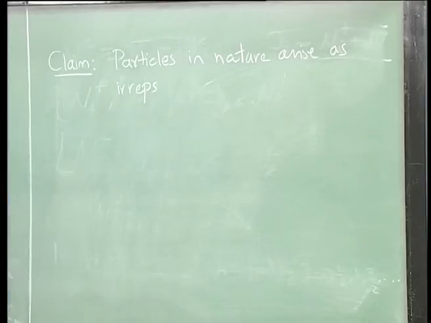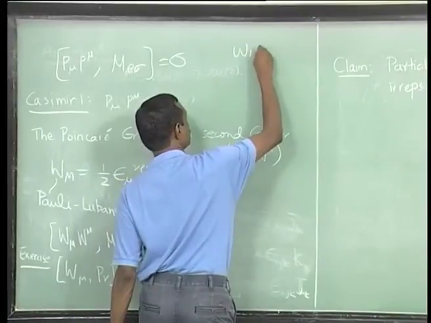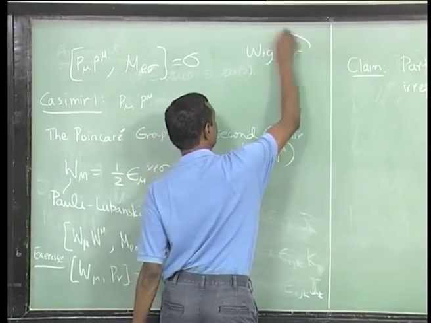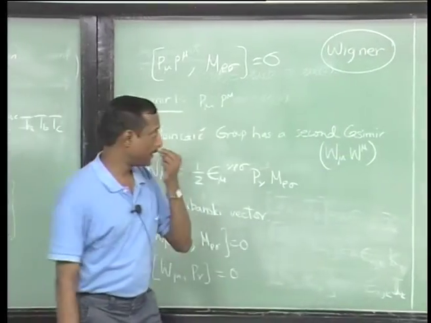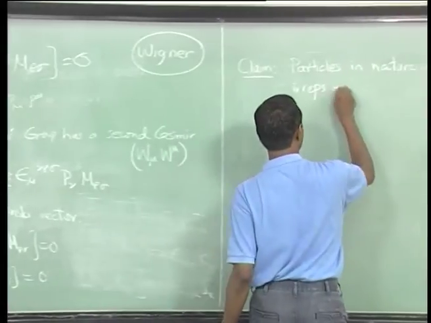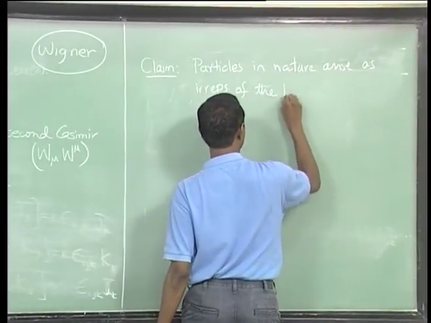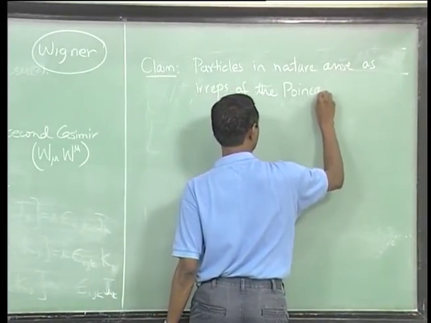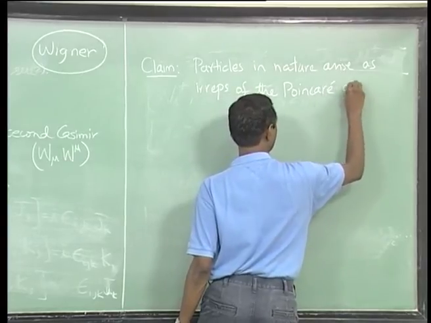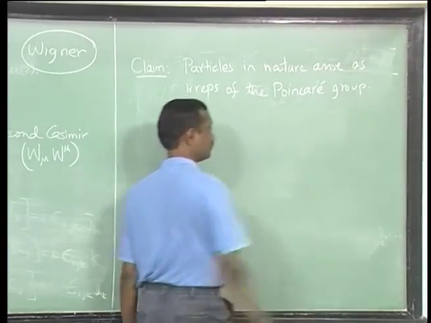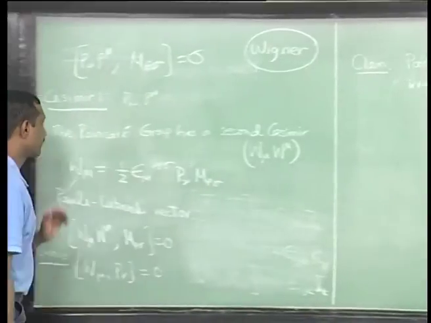By the way, most of this discussion is due to Wigner. Particles arise as irreps of the Poincare group. Okay.